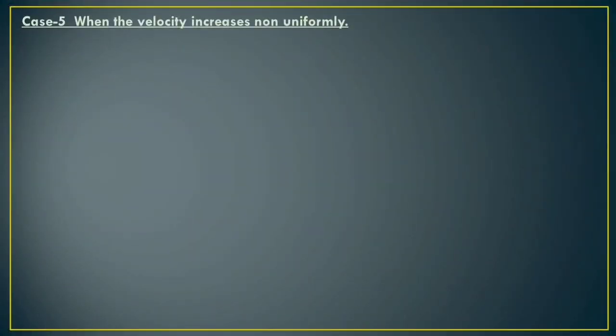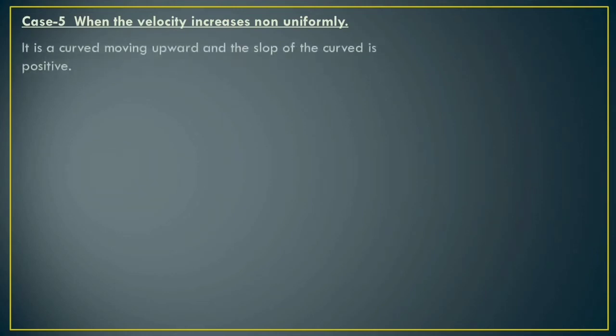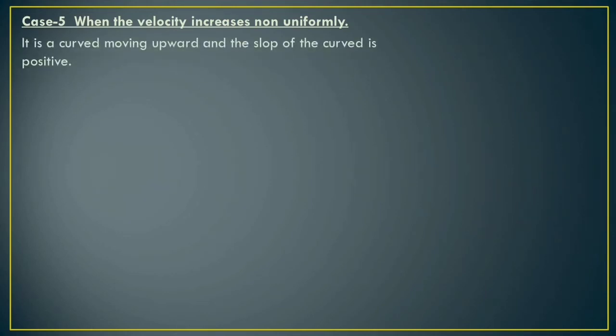Our fourth case is the velocity time graph for a body when its velocity increases non-uniformly with time. That means velocity is not increasing in the same manner. So the velocity time graph in this case is a curve moving upward. The slope of the curve is positive and increases with time, and the acceleration of the body increases with time.